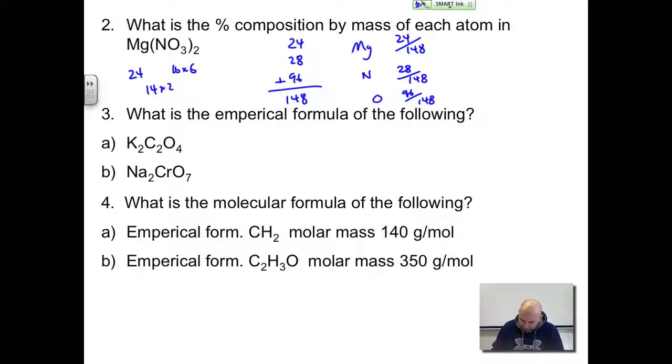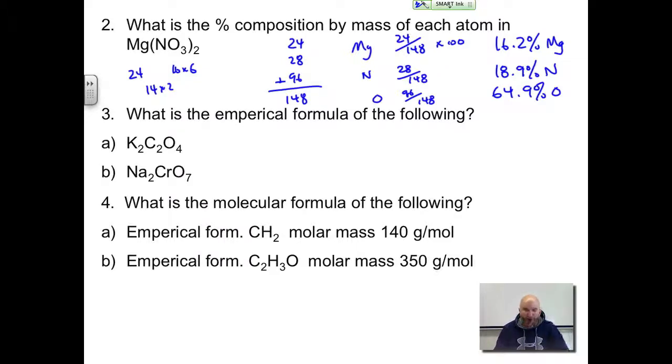So 24 divided by 148, and of course times 100 for each of them. 16.2% magnesium. 28 divided by 148, 18.9% nitrogen. And 96 divided by 148 is 64.9% oxygen. They pretty much add up to 100, but basically there it is.